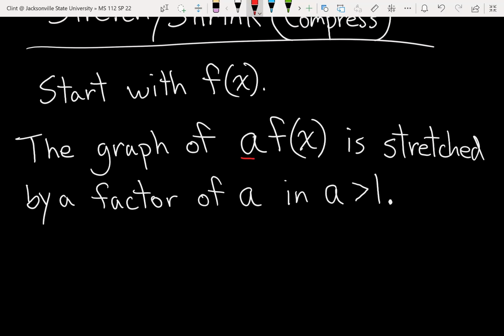Stretch. So if we multiply our function by some number that's bigger than 1, then it's going to stretch our graph.